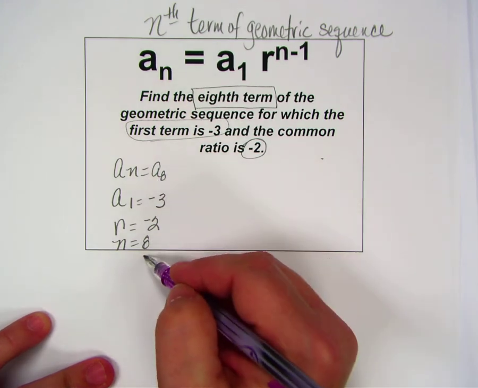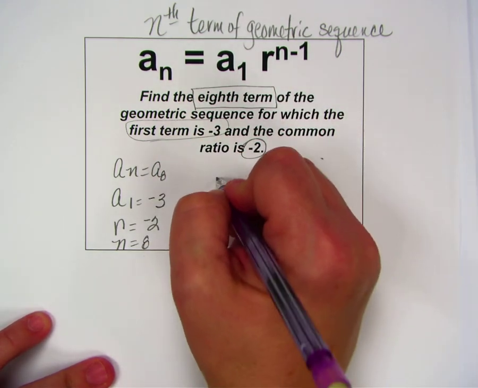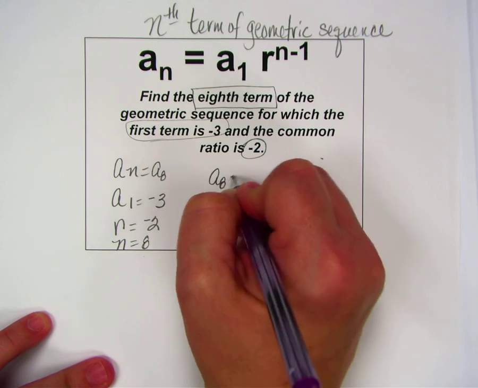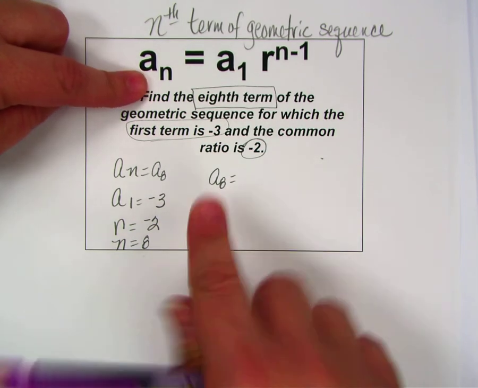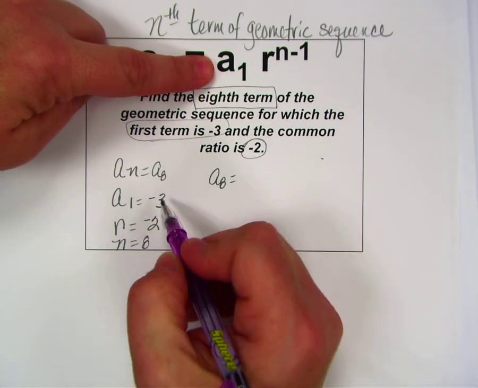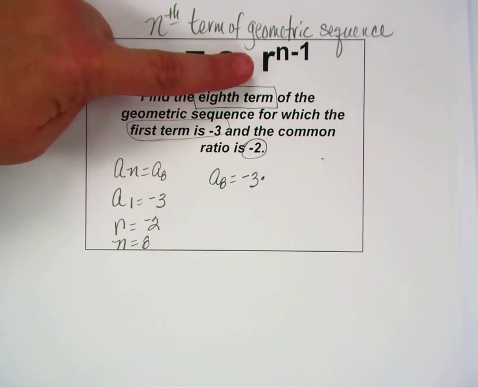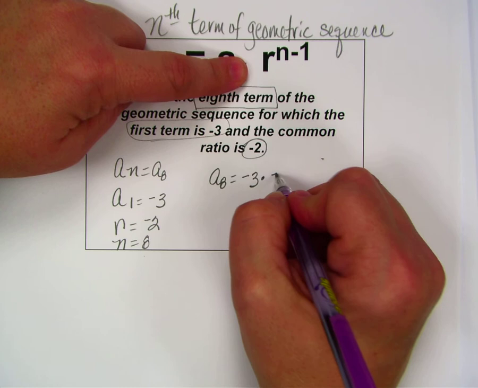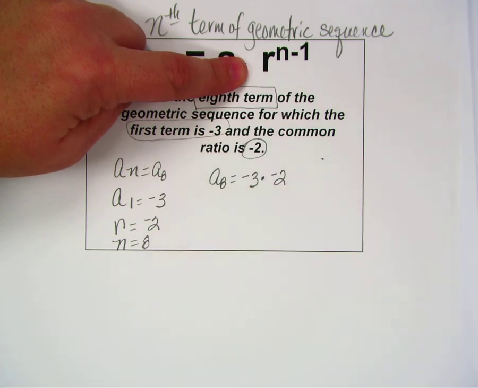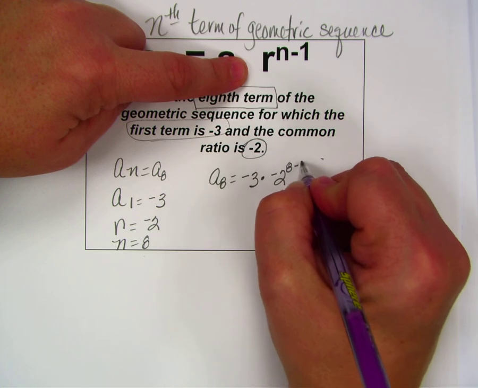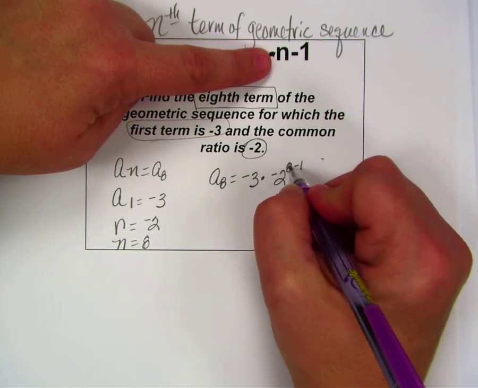Now, I know what goes where, so I just stick it into the formula. a sub 8, because I'm looking for that 8th term, equals the first term, which is -3, times r, which is -2, to the 8 minus 1 power. n minus 1, and n is 8.